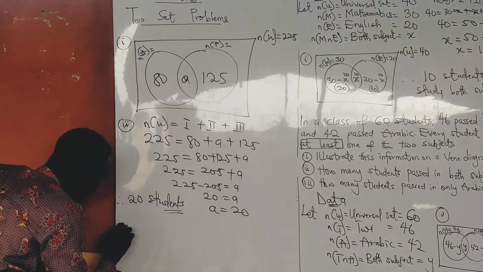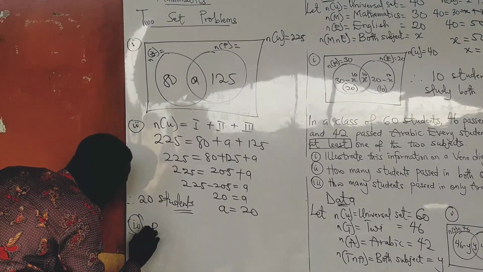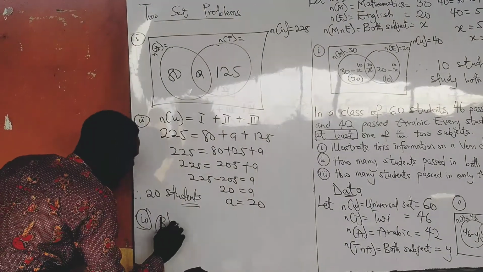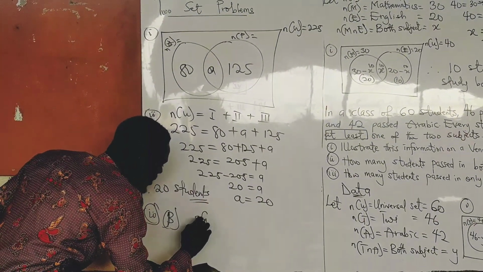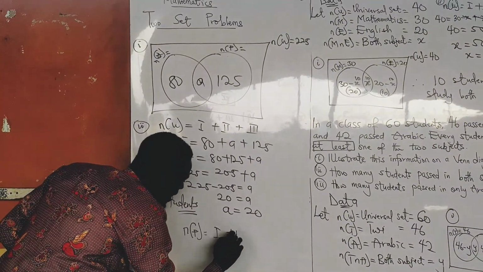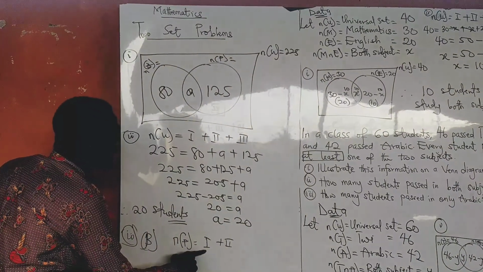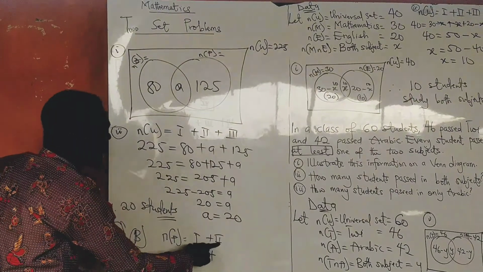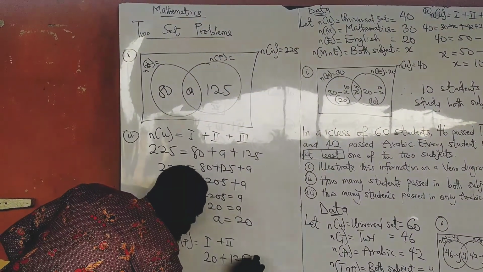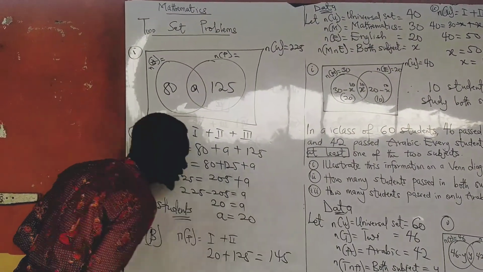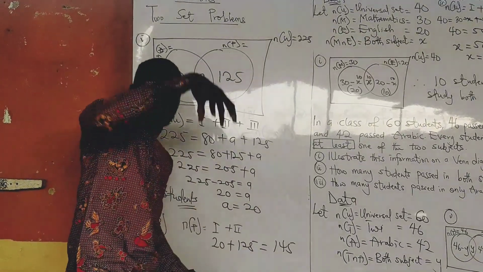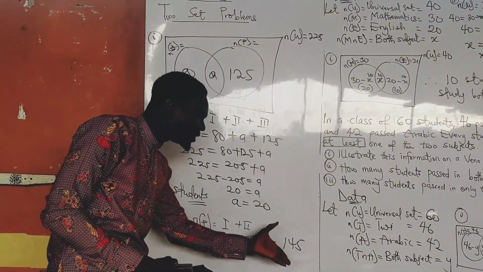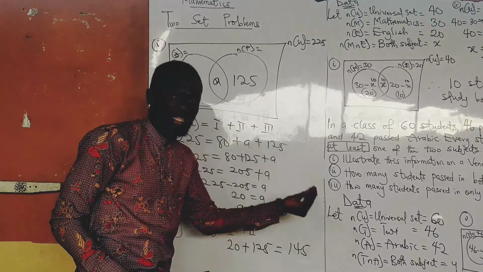So to calculate the number of French, it is region I plus region II. What do we have for region I? A. What is A? 20, plus region II, 125. So this is equal to 145. So those who studied French are 145 students.